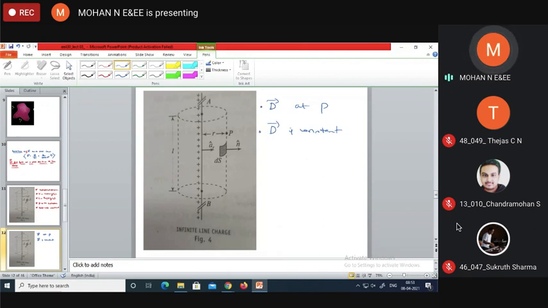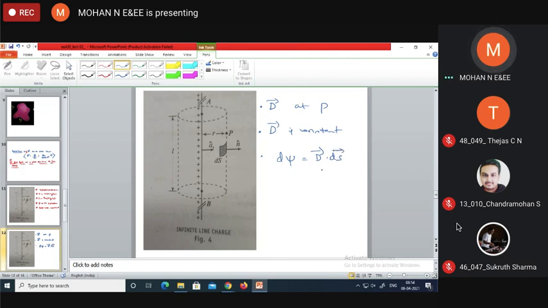That is the second point you have to understand. Why is it constant? Because the surface is at the same distance at all points from the line charge. Therefore, if you consider an elementary area like dS, you can write d psi as D vector dot dS vector.